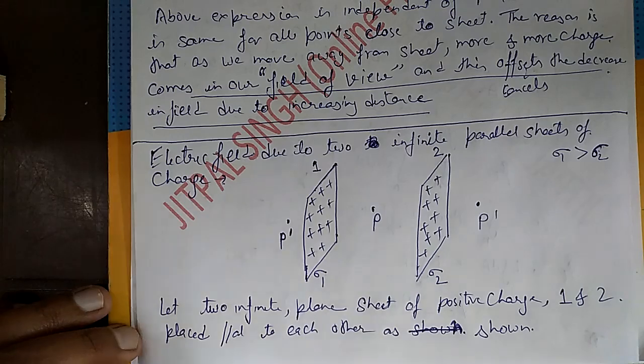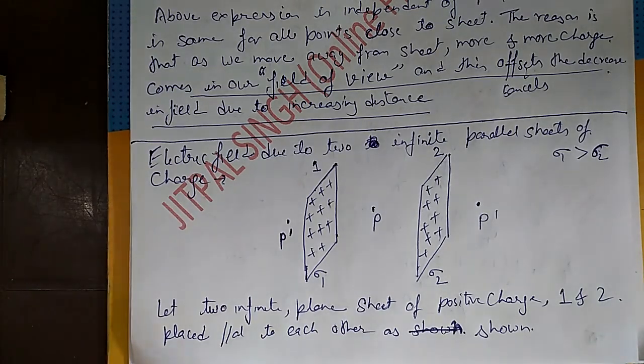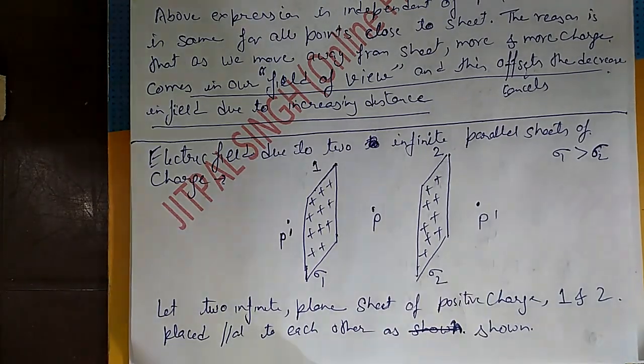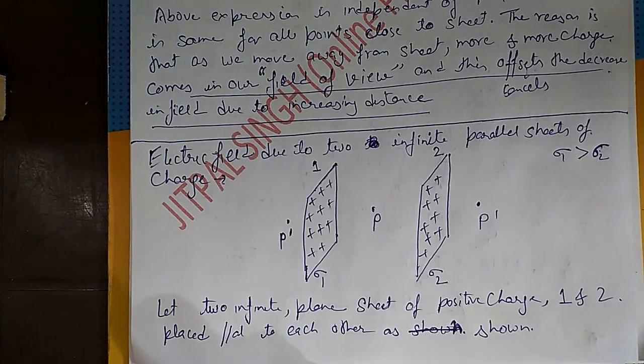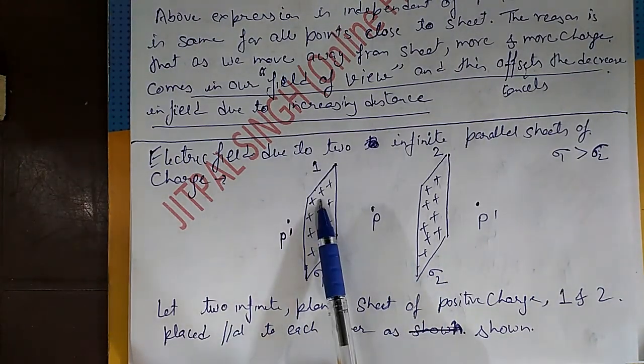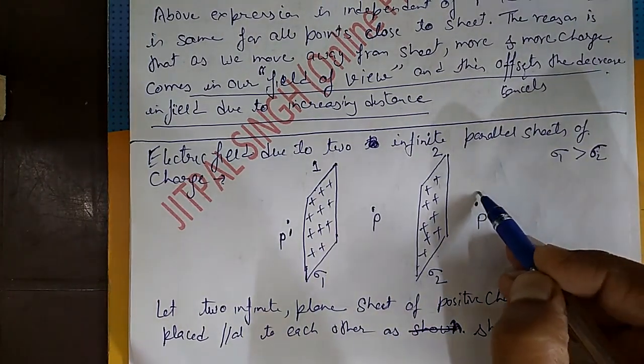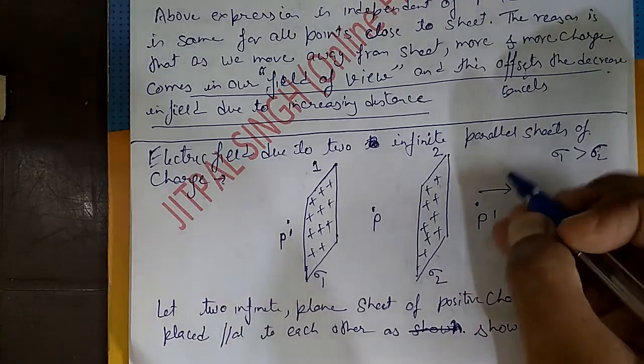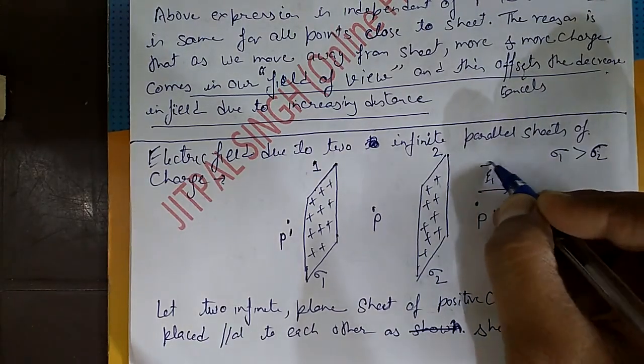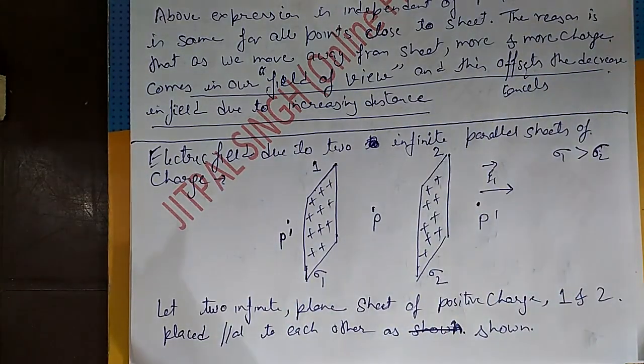Now here, how to get the field at P dash? Just now we have calculated that the electric field due to a sheet is E equal to sigma upon 2 epsilon naught. Keeping that in mind, the first sheet will produce a field at P dash, denoted by vector E1, and the direction is towards right.